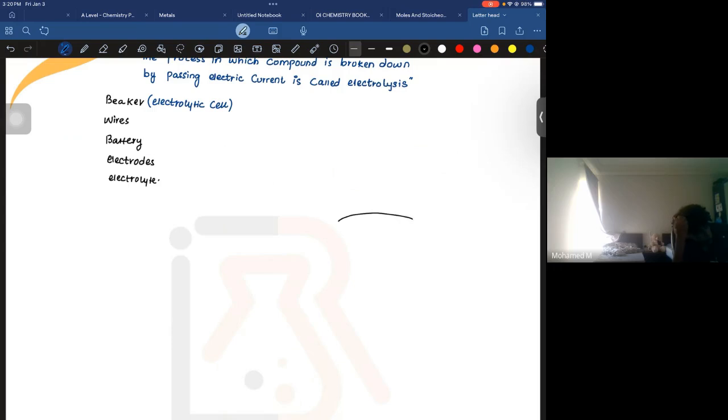Basically, this is your beaker, which is also known as the electrolytic cell. This is the beaker, the container in which you are going to do electrolysis.